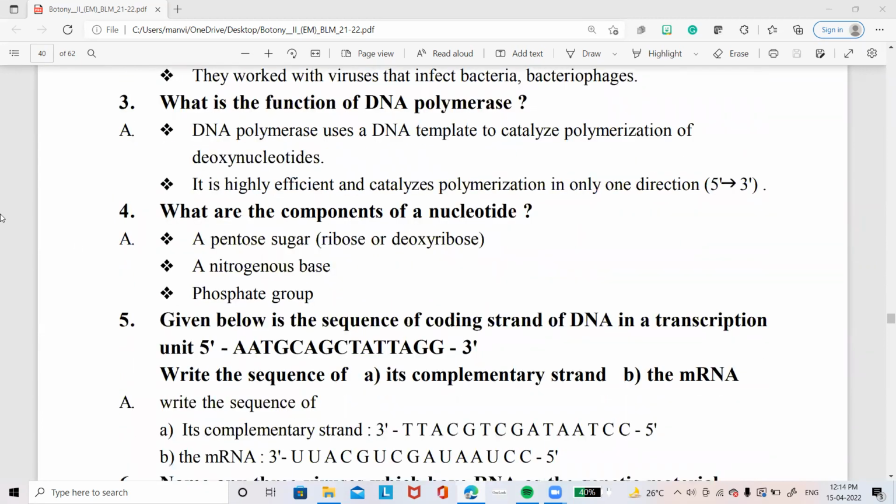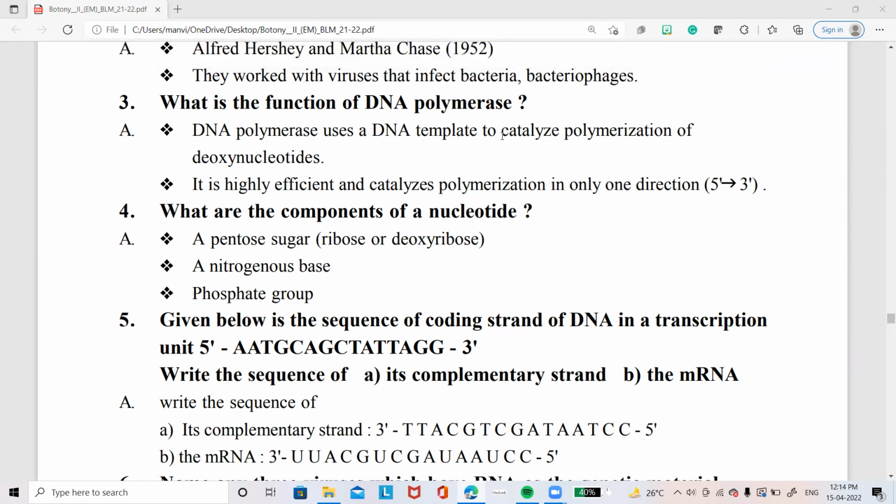Question number 3. What is the function of DNA polymerase? DNA polymerase uses a DNA template to catalyze polymerization of the deoxynucleotides.